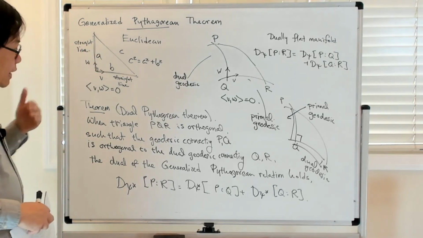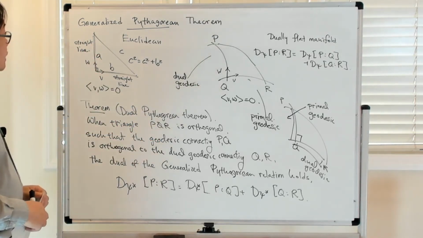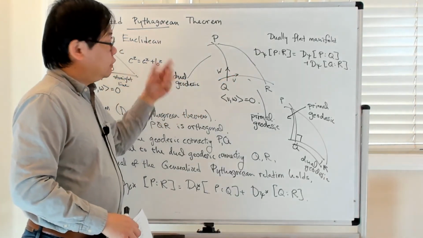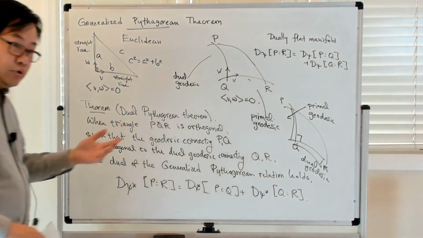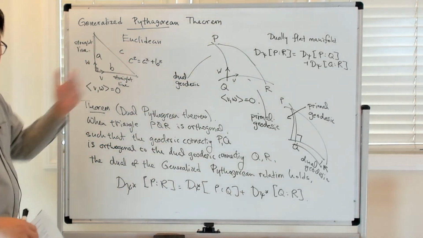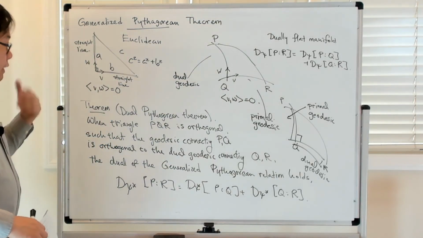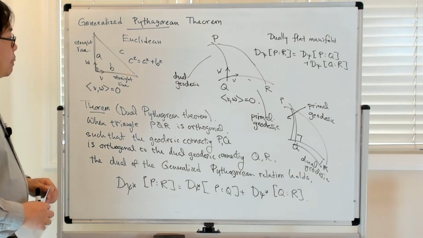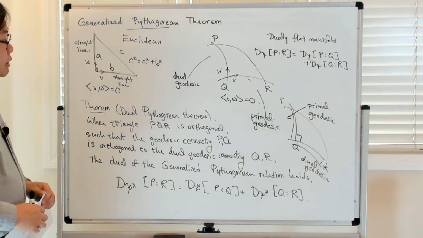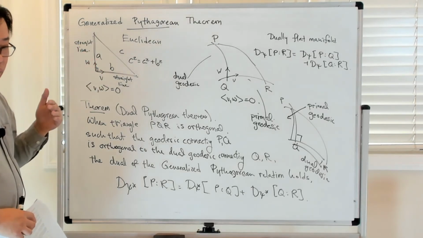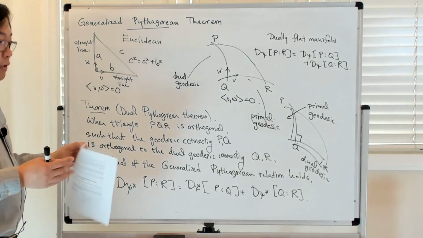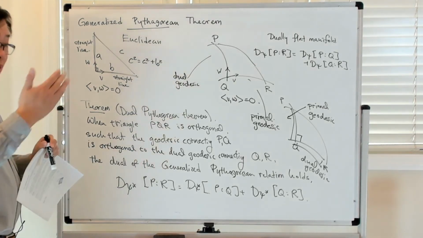So where we're heading towards, if you will, is with this notion of the generalized Pythagorean theorem for dually flat manifolds, we can then also talk about this notion of orthogonal projection in the context of dually flat manifolds. And as you might expect, when you do orthogonal projection, there is going to be the question of, well, what do you mean by that?